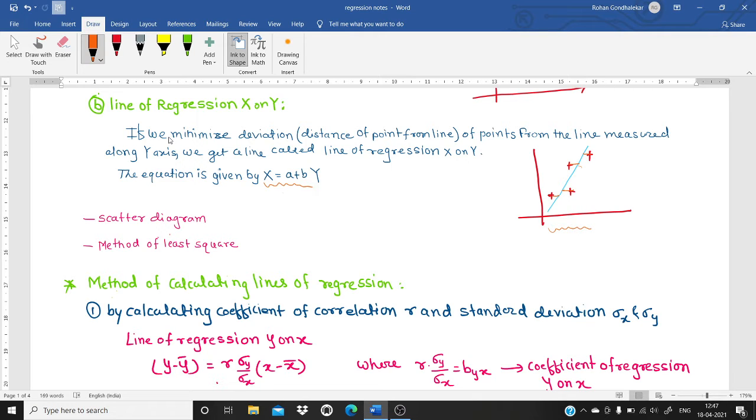But that method is a little difficult when the number of observations is more. Say 4 or 5 observations, it's okay. You can measure the distances and get a better line. But if your points are more, then it becomes difficult.